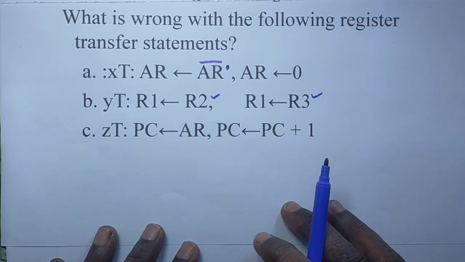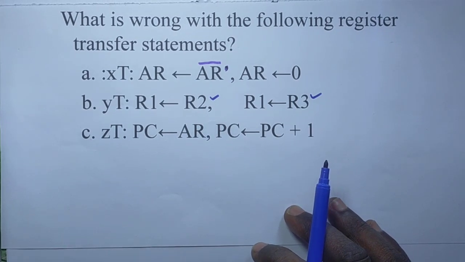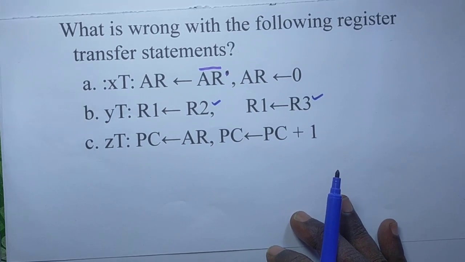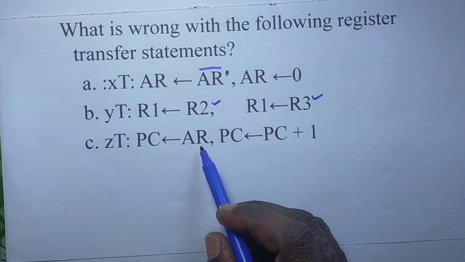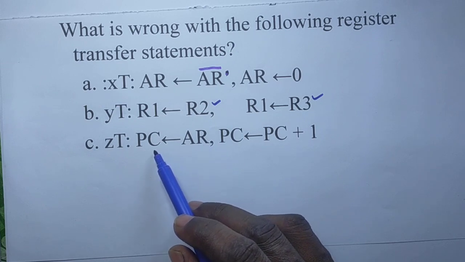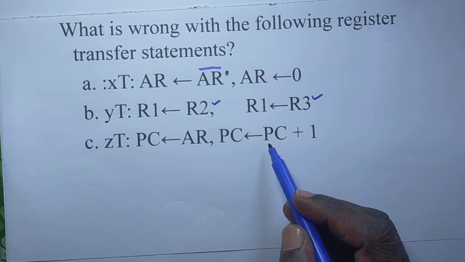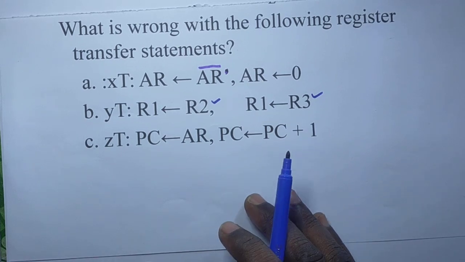Is it possible or not? Third one is similar: the address register AR transfers to PC and at the same time PC also increments. Is it correct or not? This is the kind of question we will solve.